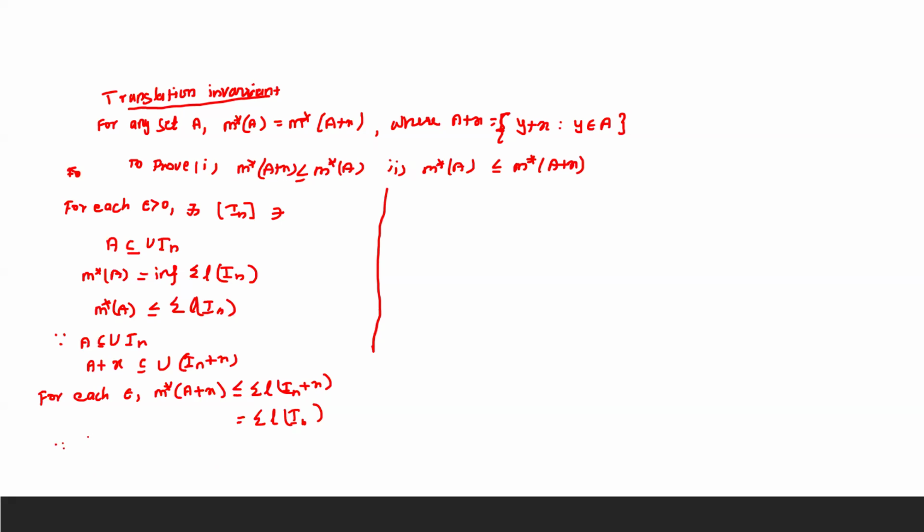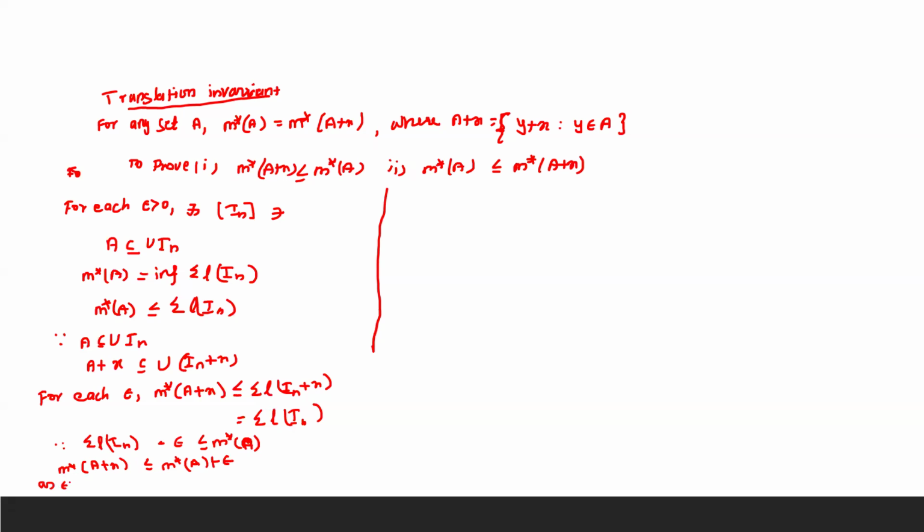Since the summation of the length of In minus epsilon is less than or equal to the outer measure of A, we can rewrite: the outer measure of A plus x is less than or equal to the outer measure of A plus epsilon.